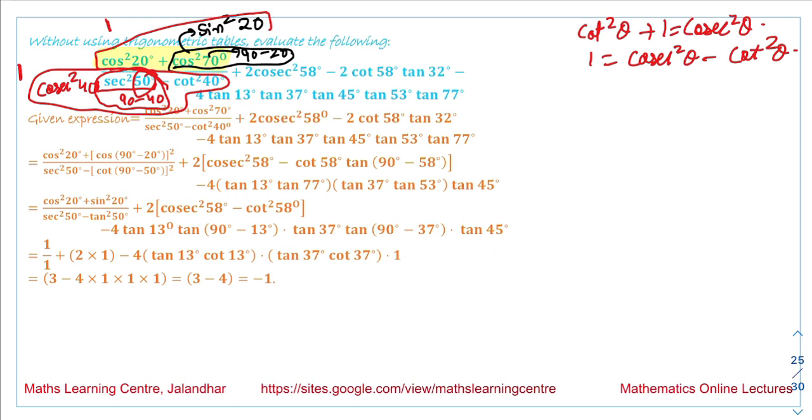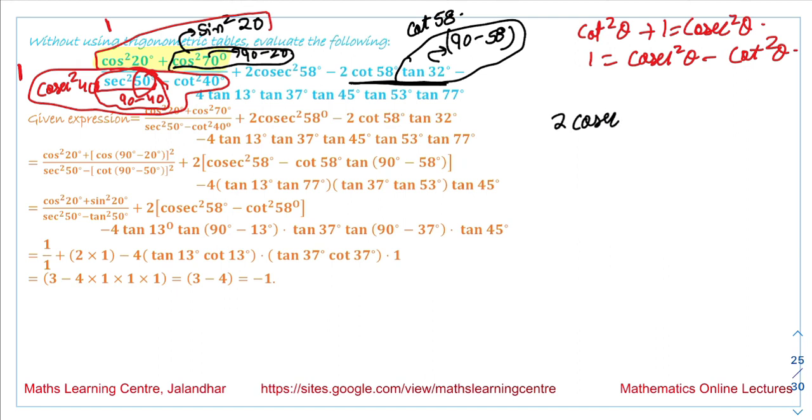Next, when we look at this value over here, in place of 32, we are writing 90 minus 58. So tan of 90 minus 58 will become cot 58. So what we are left with is 2 cosecant square 58 minus 2 cot square 58.